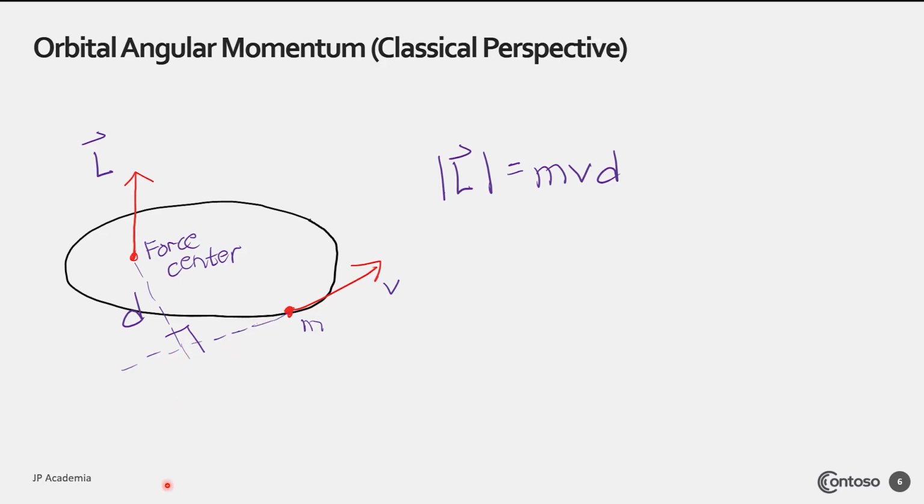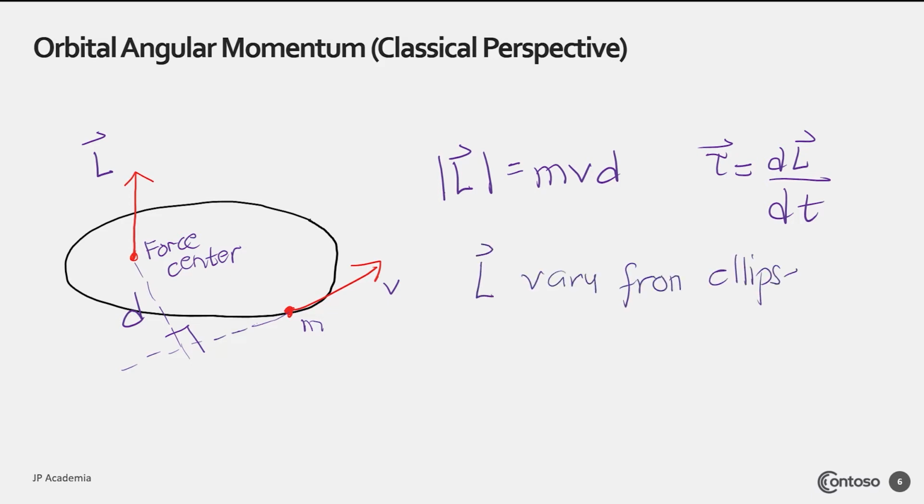We can also define the net torque on the particle, which is equal to the rate at which the angular momentum vector changes. The angular momentum L of a particle will have a constant magnitude and direction along the orbit, and the net torque, or the torque exerted, will be equal to 0. The angular momentum is conserved with the given force, while the vector L varies from the ellipse.